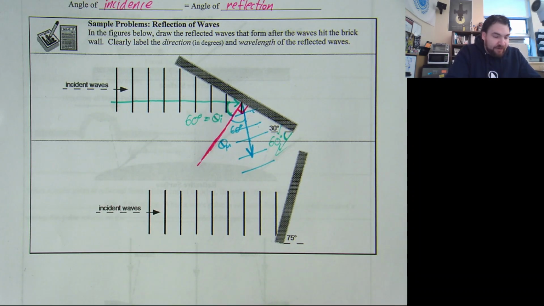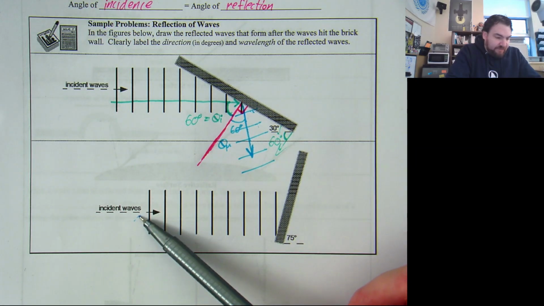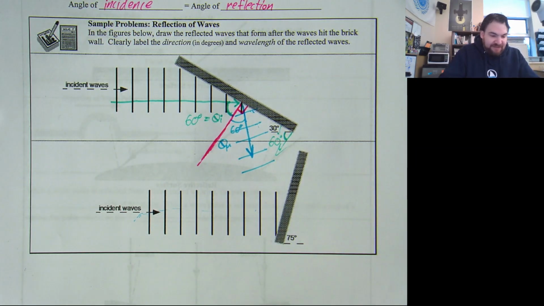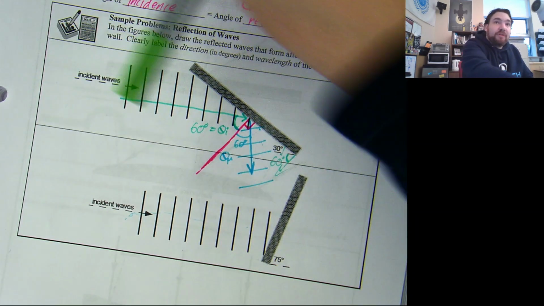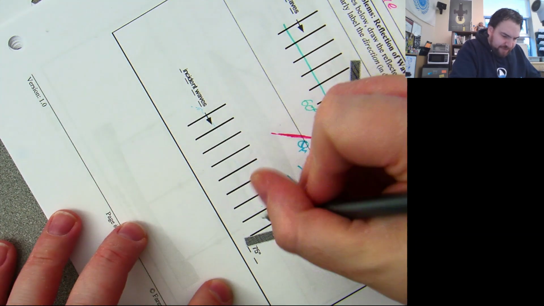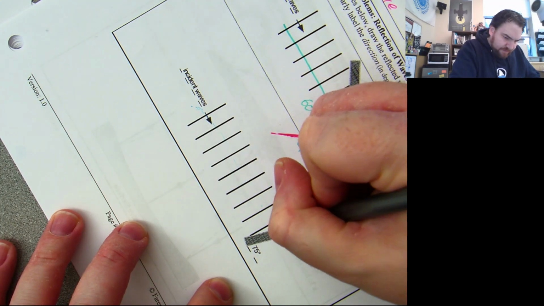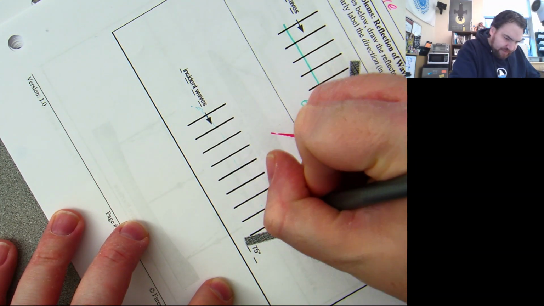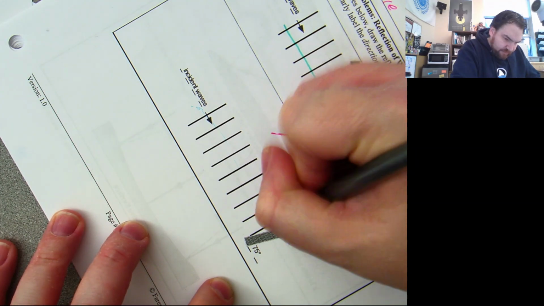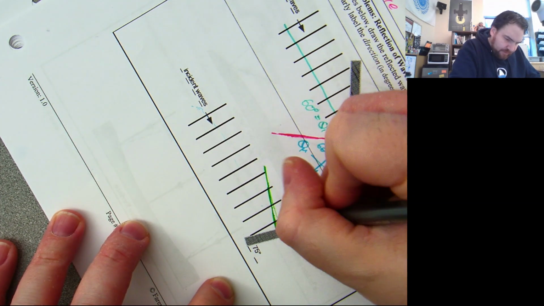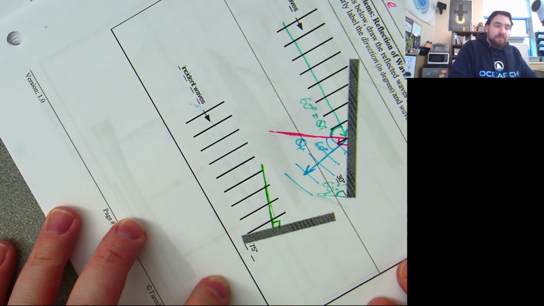So same idea here. I've got waves coming in here. If that's 75 degrees, I'll draw our normal line off of here. It's easiest to turn the page. Put it right there. There's our normal.